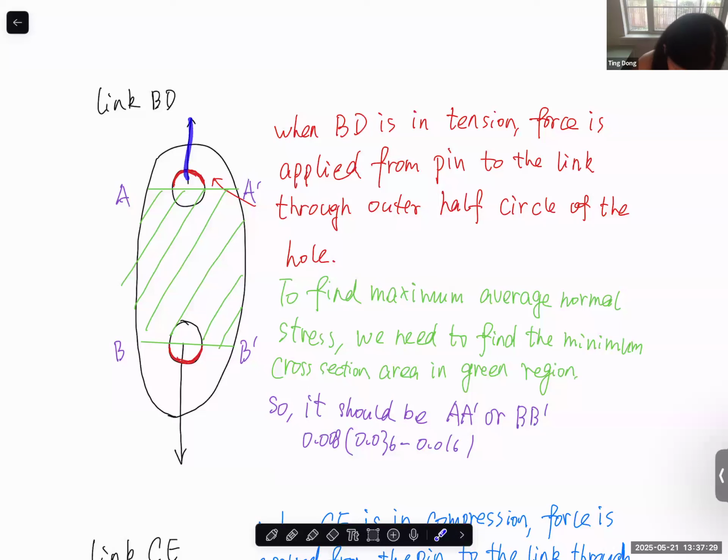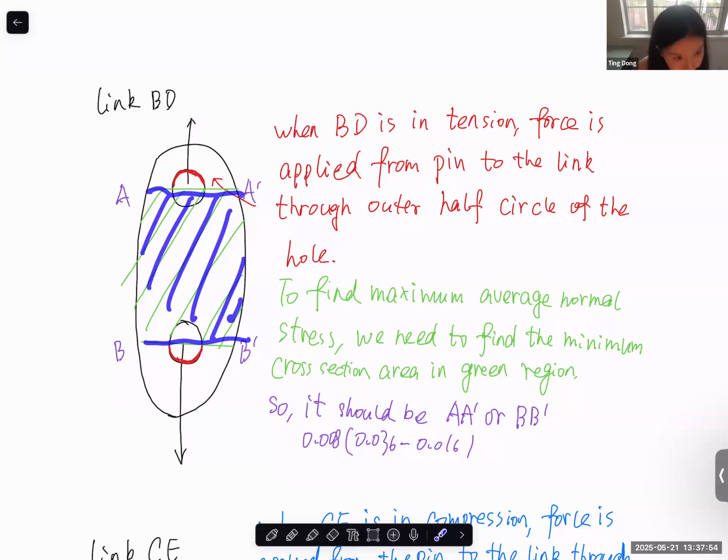So this is the tensile situation, and this is the contacting area. It should be in these two areas. Let's focus on this fastener hole first. It should be in this upper half. So when you have a tensile force applied, the force is fully applied through this whole part.